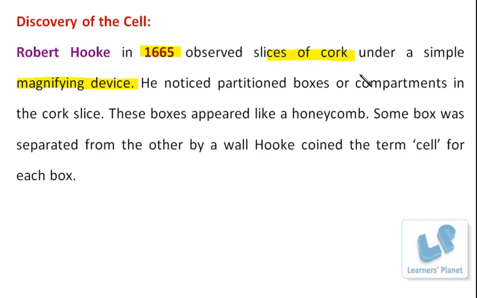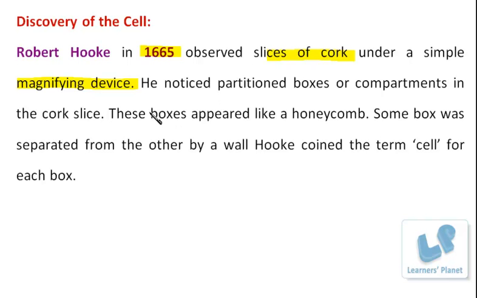And you know what he noticed over there? He observed that there were some partitioned boxes in them. The arrangement is such that there are compartments present very near to each other, almost attached to each other. This was what he noticed under the magnifying device.